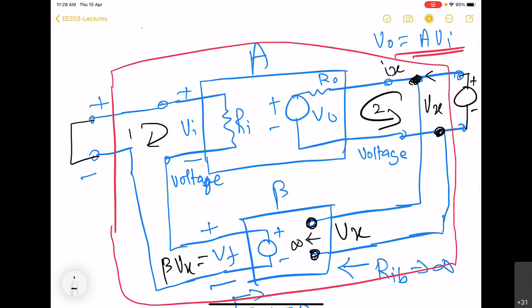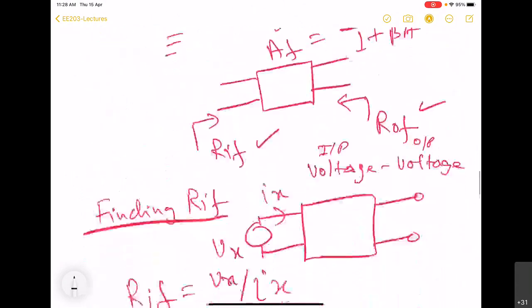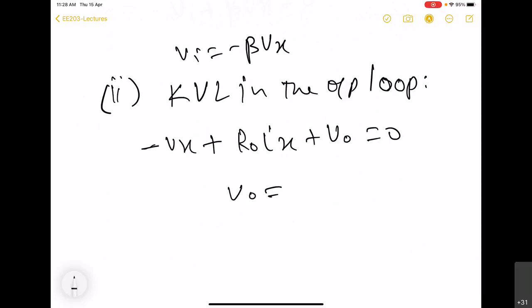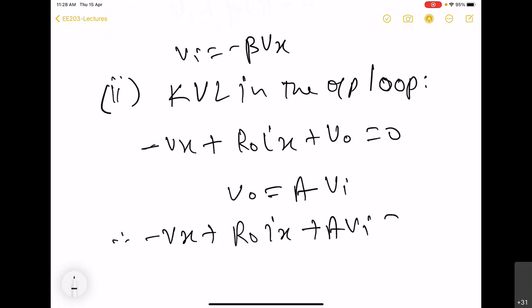So what we will have only is this Vx, Vo, and voltage across RO. So what we will get is minus Vx plus RO into Ix plus Vo is equal to 0. And this Vo by definition is A into Vi. Therefore, minus Vx plus RO Ix plus A Vi is equal to 0.